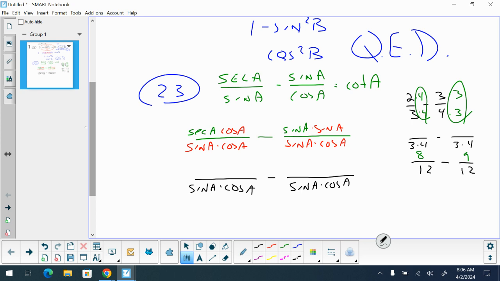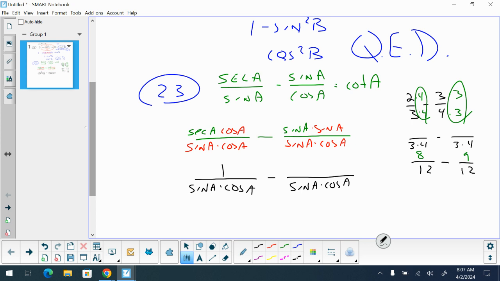Cosine squared A, right? Nah, not cosine squared A, not quite yet. Think about the relationship they are of each other. They're reciprocals. So you're multiplying two things that are reciprocals. When you multiply two things that are reciprocals, what do you get? 1. So this gives us 1.